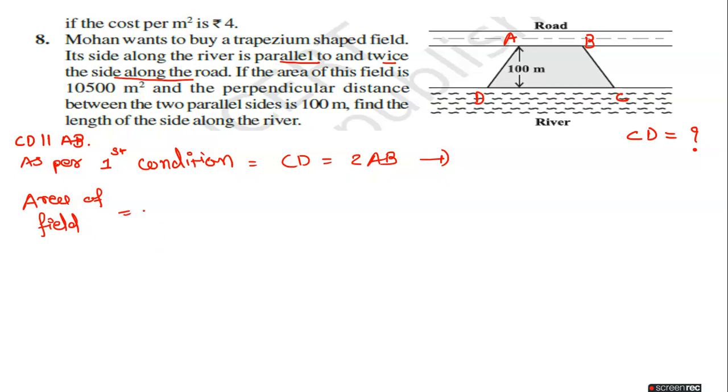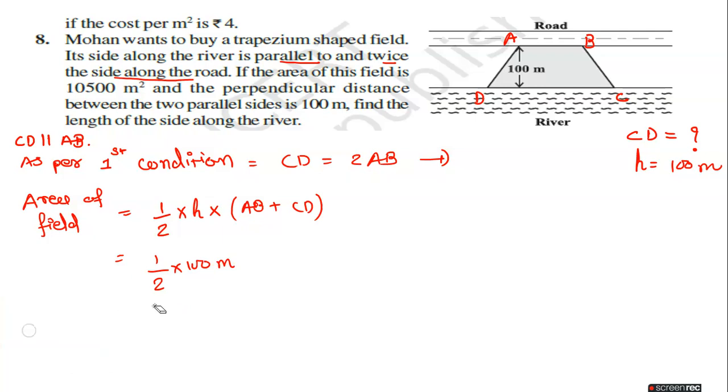Area of field is equal to 1/2 into height into a plus b, meaning one side plus the other side. So you can write AB plus CD also. Now 1/2, height is what actually here? We will write height is 100.